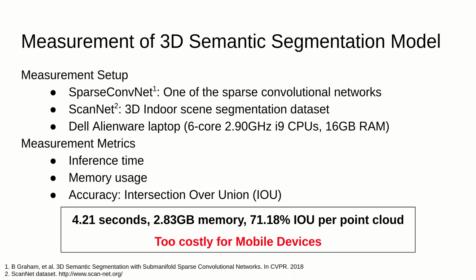We run the pre-trained model on a Dell Alienware laptop and measure the inference time, memory usage, and accuracy of the DNN model. Our measurements show that the DNN model needs 4.2 seconds and 2.8 GB memory for each point cloud. Our measurement results clearly show that the state-of-the-art 3D semantic segmentation model is too costly for mobile devices.